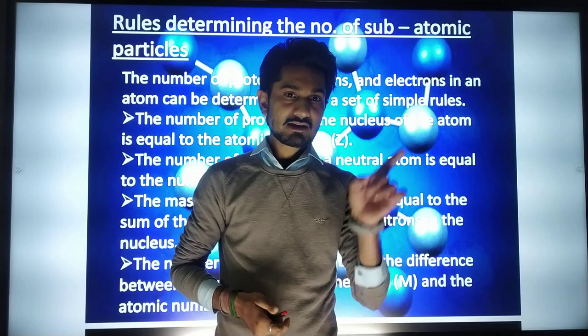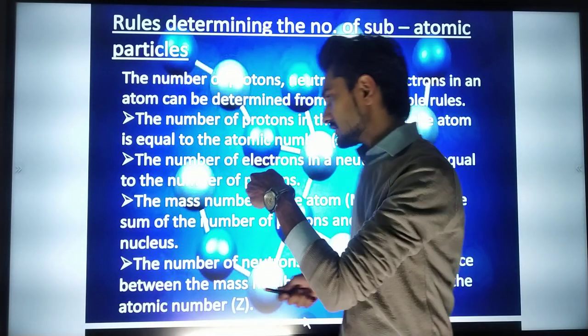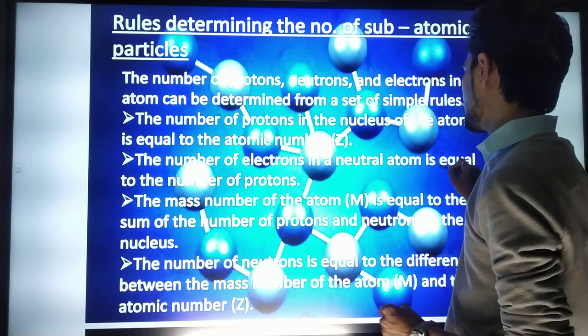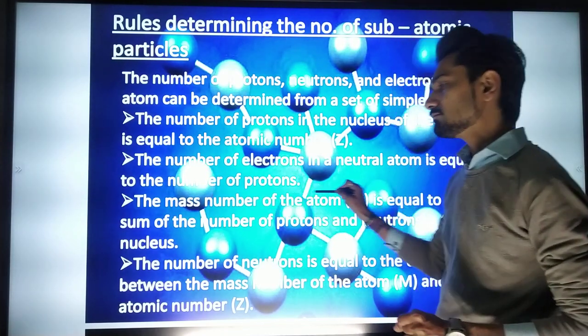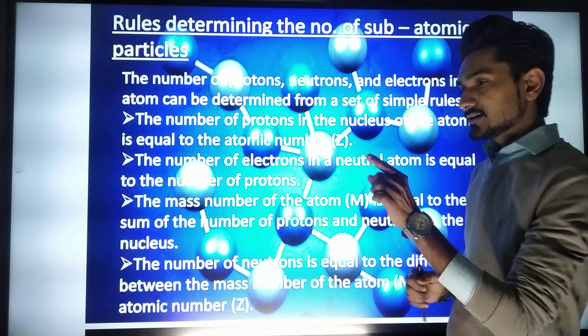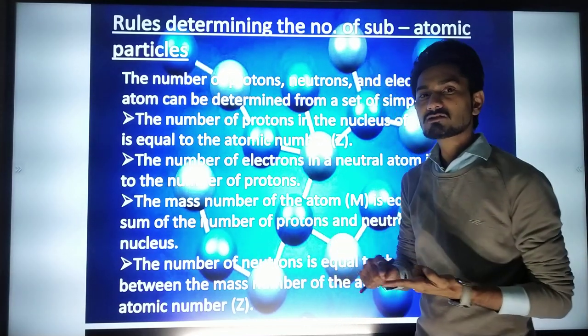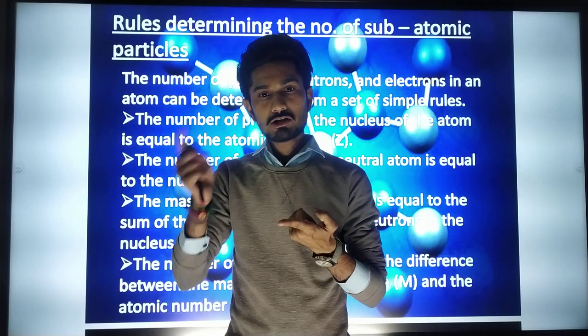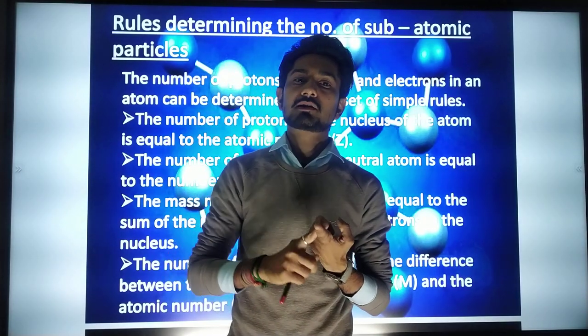On the basis of that, we are going to discuss another rule. The second rule: the number of electrons in a neutral atom is equal to the number of protons. The number of protons is always equal to the atomic number, and the number of protons is also equal to the number of electrons.